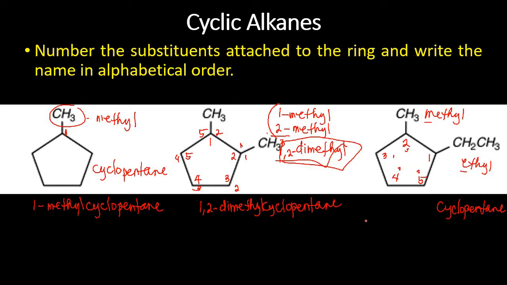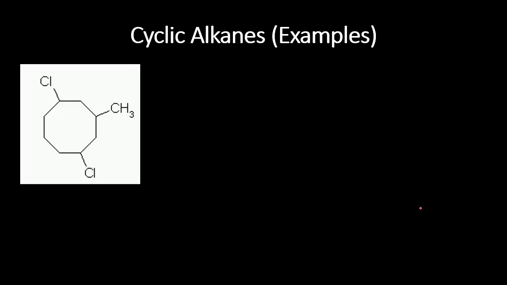So, ang pangalan, therefore, is 1-ethyl, and then 2-methylcyclopentane. So, we name this structure as 1-ethyl, 2-methylcyclopentane. Let's have more examples.